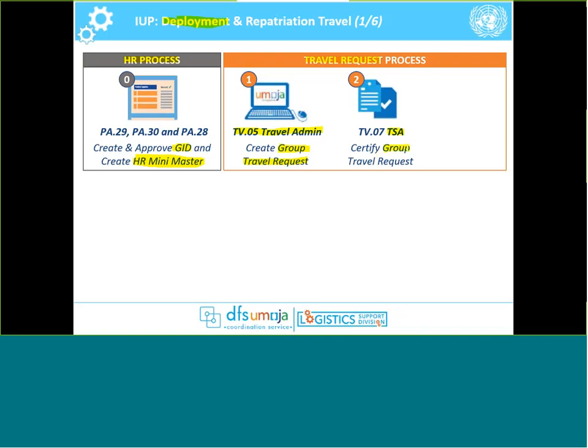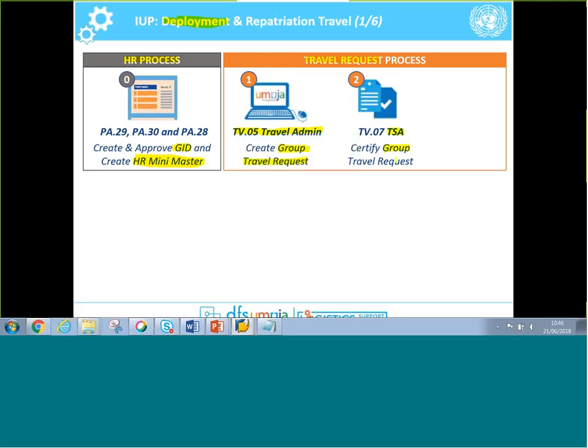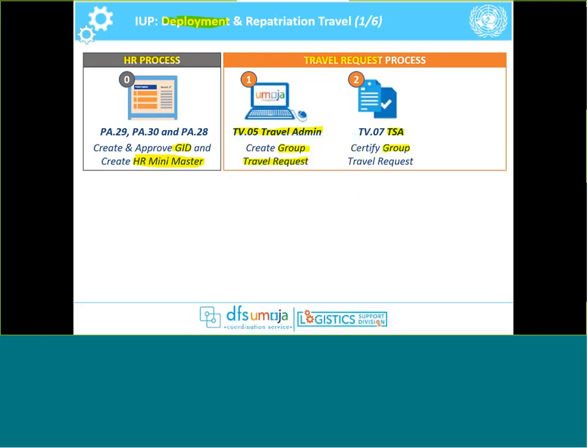So no need for the certifying officer to approve each individual IUP, but they will see the group travel request, and they can certify it in one step.